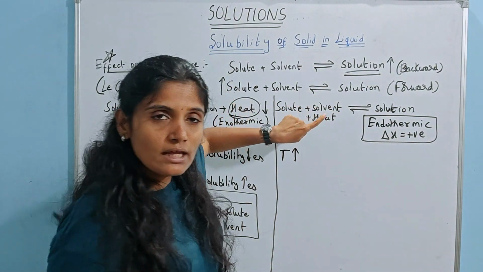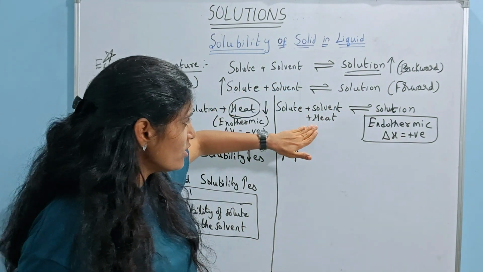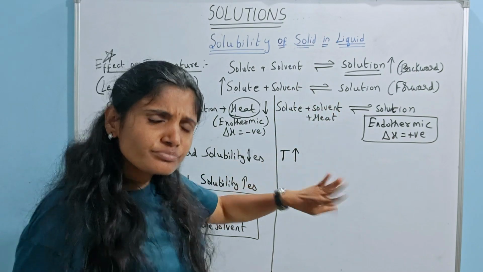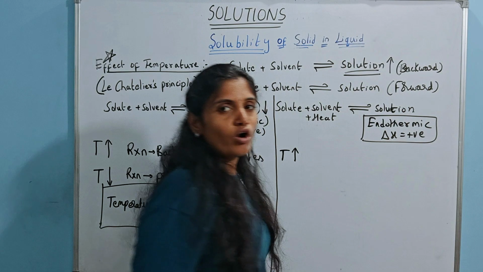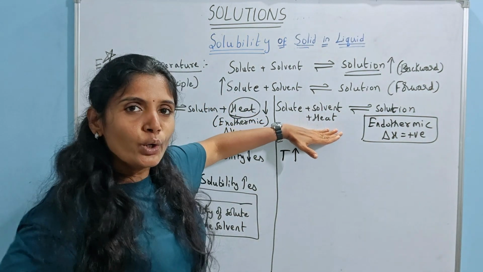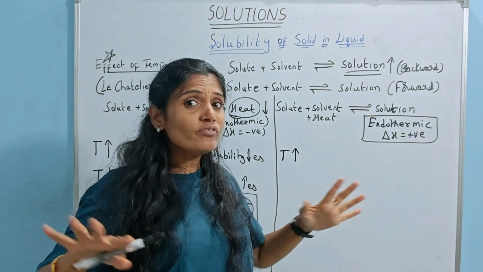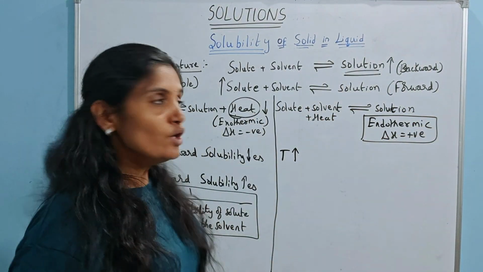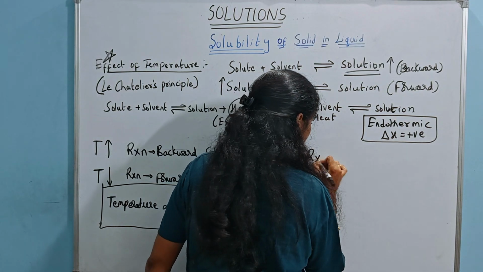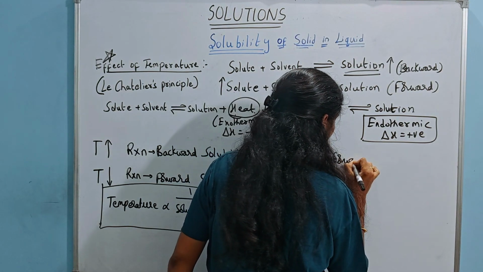So to let off that heat, the reaction will go in the forward direction. I am increasing heat, so to get rid of that burden of extra heat, the reaction will try to go in the forward direction. Don't learn this by heart, this is a very easy concept.